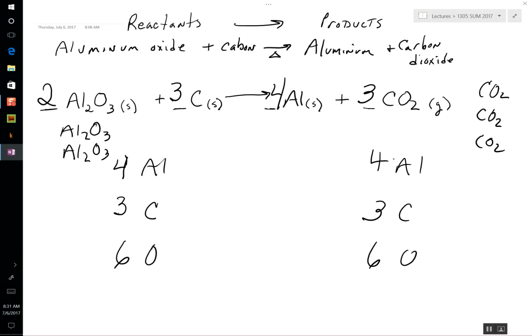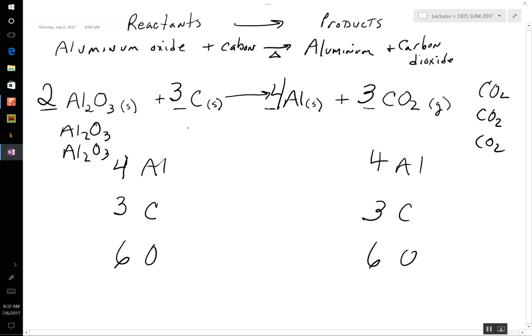Yeah, don't start with the carbon and aluminum. They're just sitting there all by themselves. So when you get the other things organized, the oxygen, you can come back and settle the carbon and the aluminum pretty easily. Putting a coefficient in front of there doesn't affect any other element. So now it's balanced.